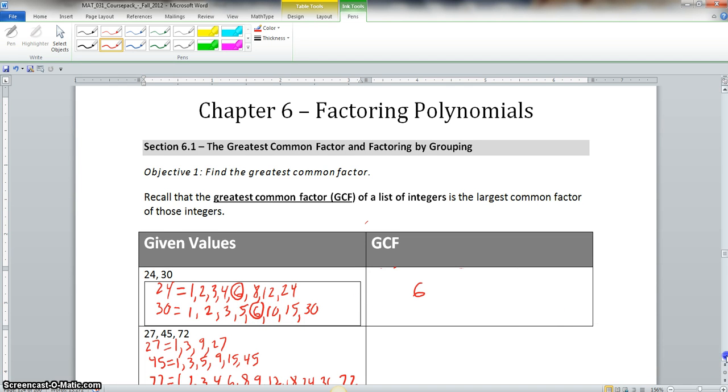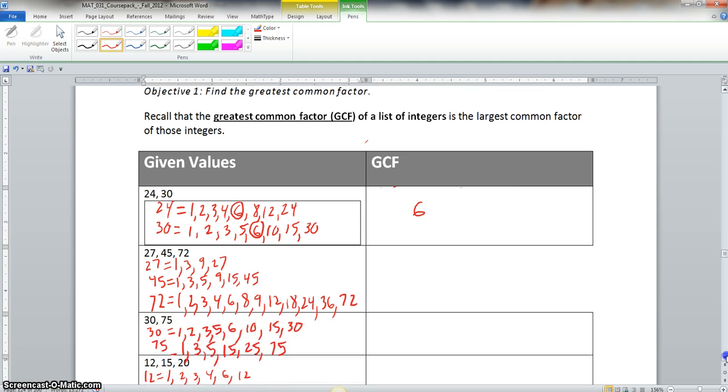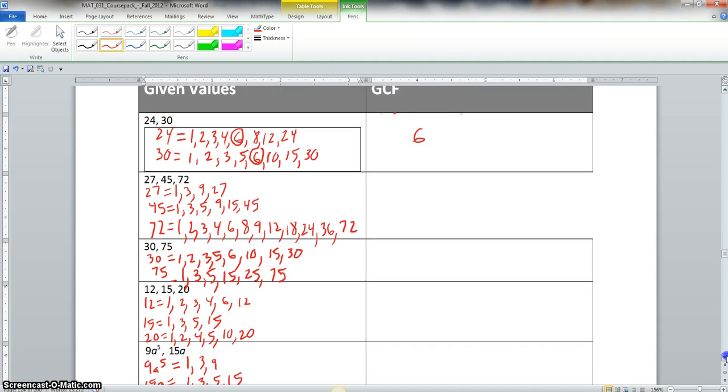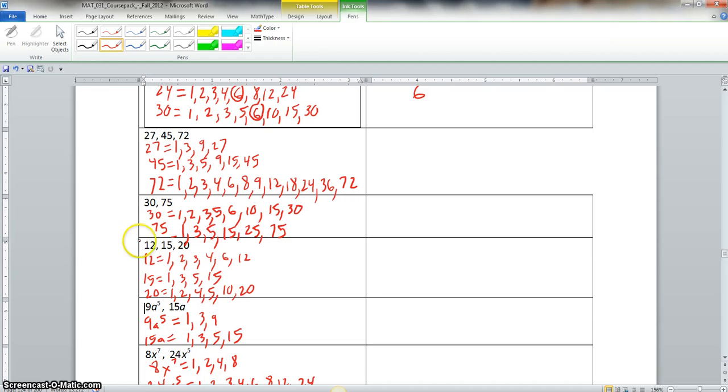Now, we go down here to the next set. Now, we have three terms here. We have 27, 45, and 72. So we have the factors of 27, which is 1, 3, 9, and 27. 45, we have 1, 3, 5, 9, 15, and 45.